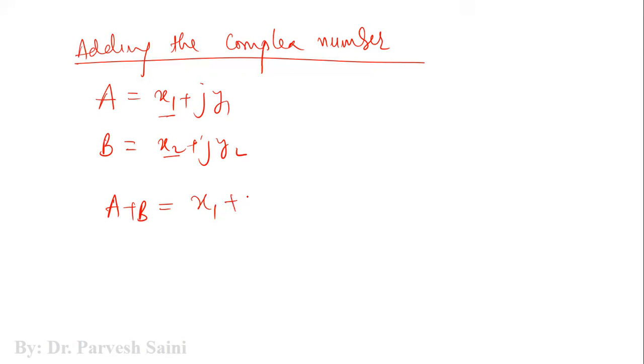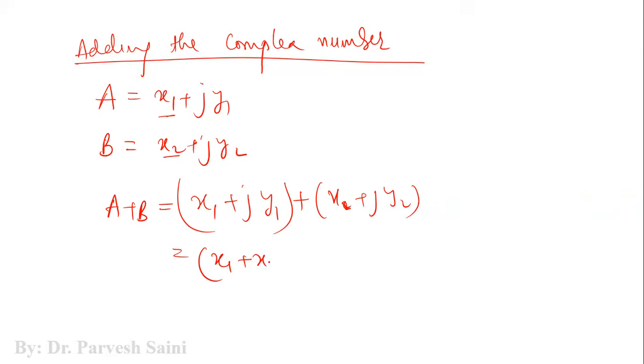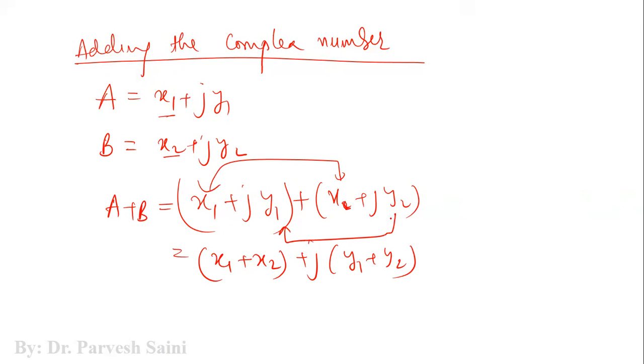So x1 plus jy1 plus x2 plus jy2 is restructured as x1 plus x2 plus j times y1 plus y2. So the real is added with the real, and the imaginary is added with the imaginary part.